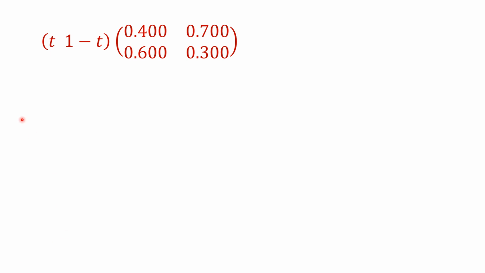So we're going to take some general input matrix, T and 1 minus T, which we can all agree adds to 1, and apply it to our transition matrix. And let's see what happens.